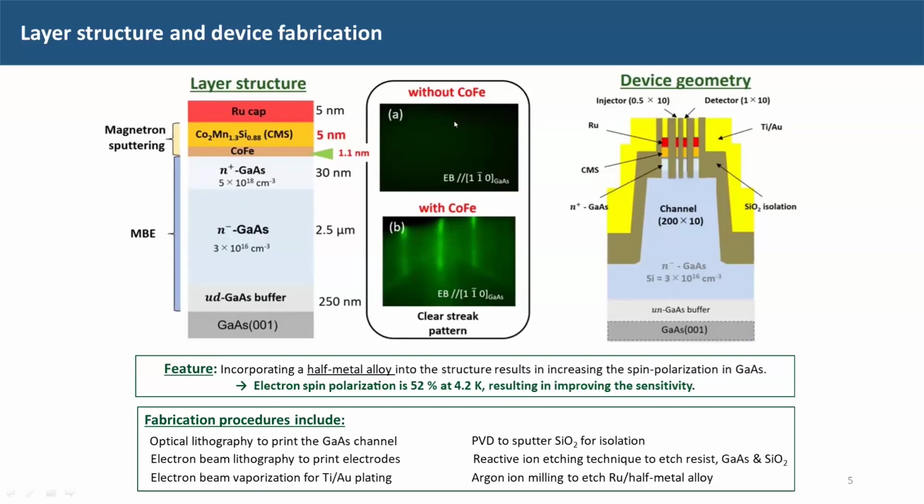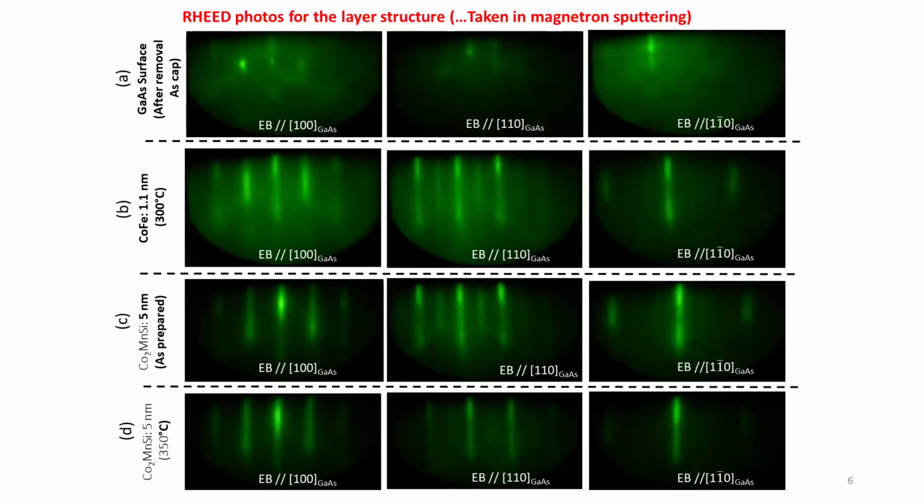And I'm sharing with you here the RHEED pattern without cobalt iron. As you can see, it is like amorphous, and by inserting this layer, we got a very clear streak pattern, as you can see. I don't need to discuss the device microfabrication. Of course, we use lithography, argon ion milling technique, and so on to fabricate the four-terminal electrodes.